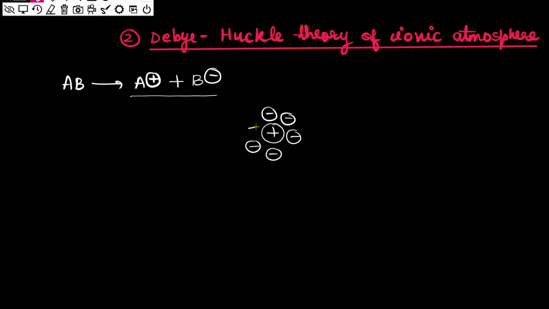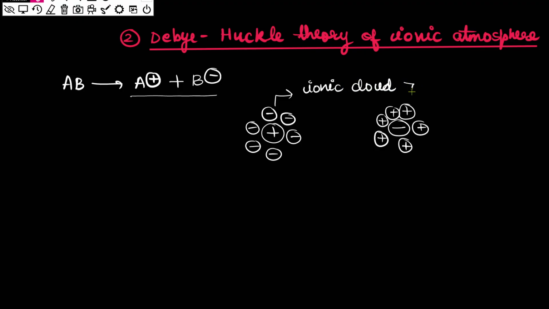Vice versa, this central ion will be surrounded by these oppositely charged ions, and these oppositely charged ions are what is referred to as the ionic cloud or the ionic atmosphere, which is surrounding the central ion.